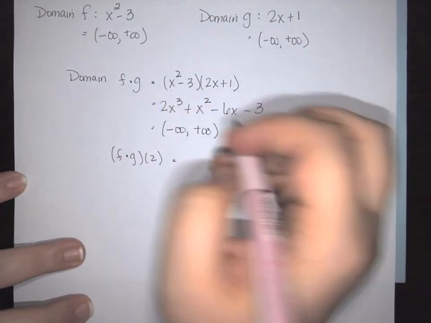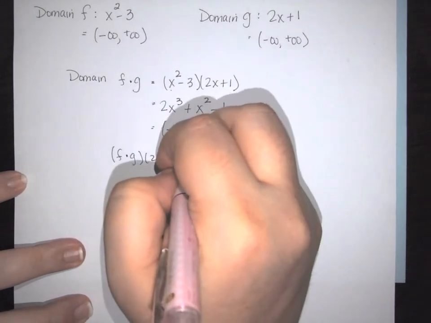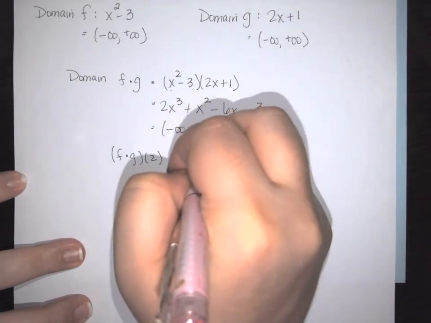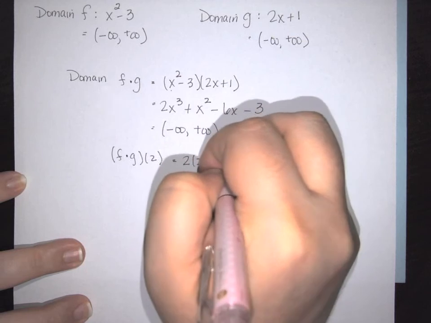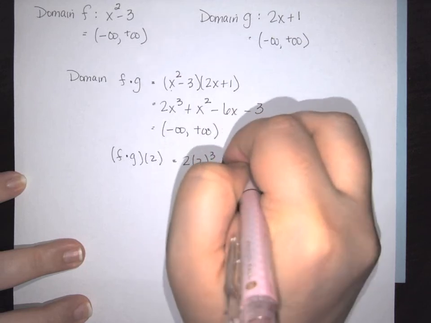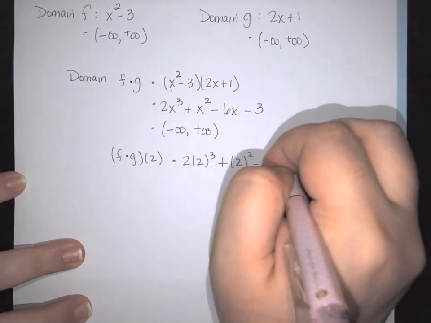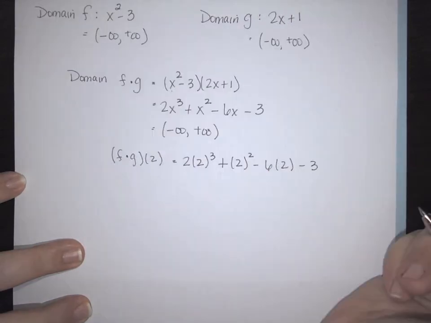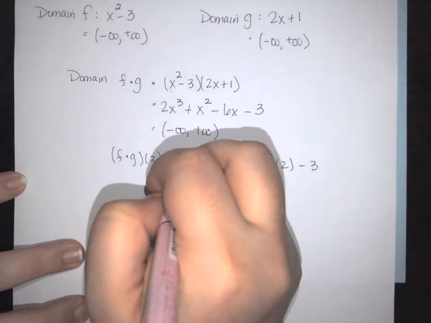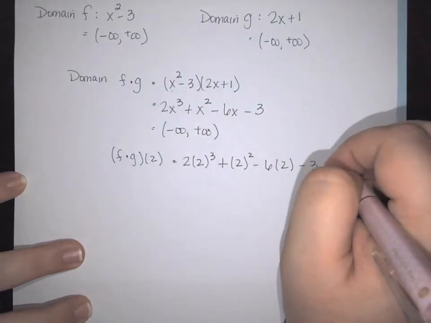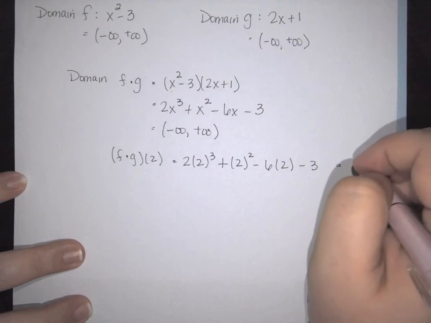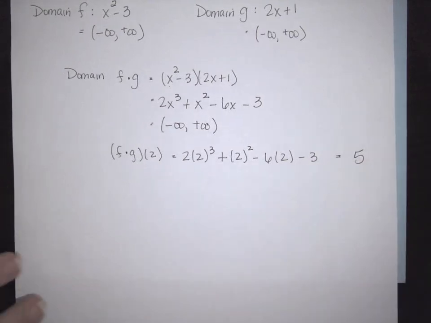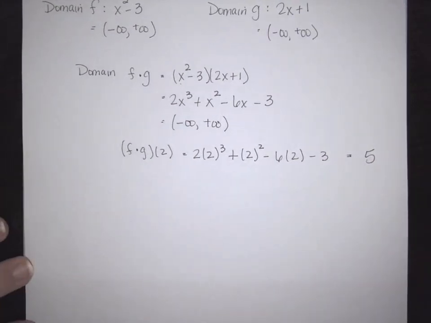So we can go ahead and plug that in. We're going to have 2 times my 2 cubed plus my 2 squared minus 6 times 2 minus 3. So overall, this is going to end up giving you 5 as a result. Okay.